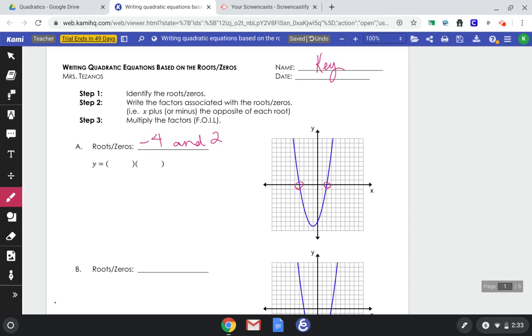Now that you know what the roots are, you have to think about what the factors would be before we went through and solved for those roots. What would those original factors have been before we got x equals -4 and x equals 2? What those will end up being is the opposites of whatever your root values were.